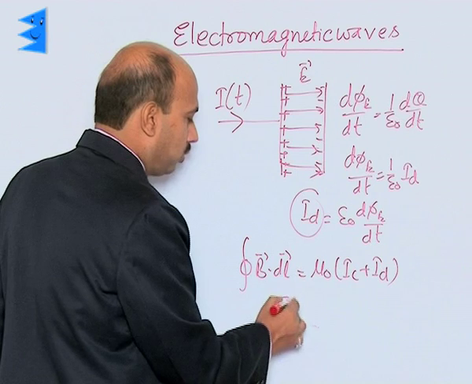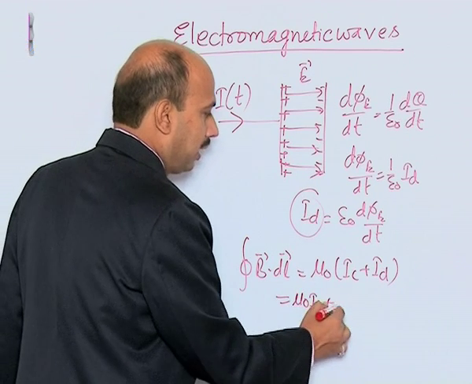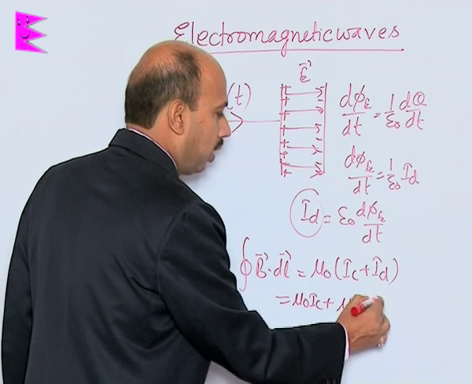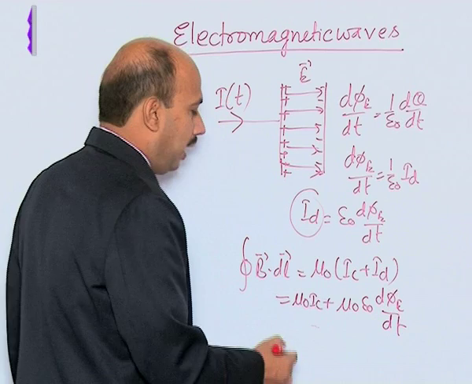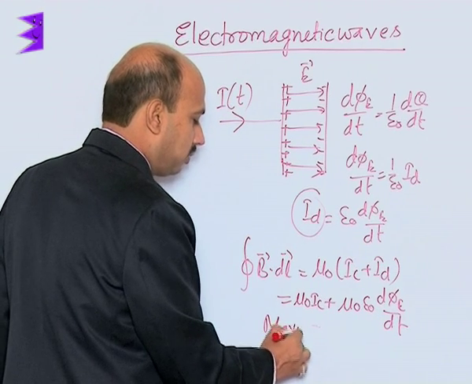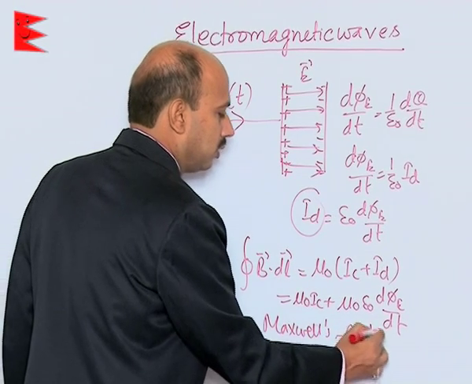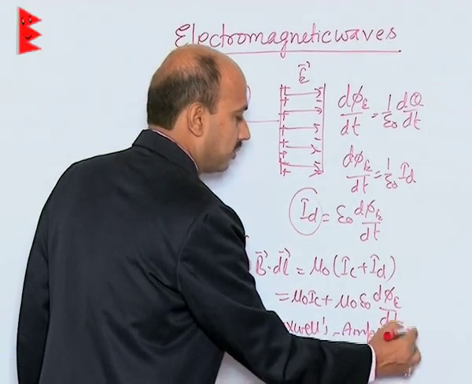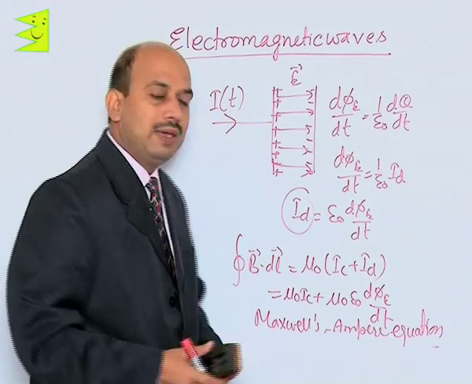This can also be written as mu naught IC plus mu naught epsilon naught d phi E upon dt, and this equation is known as the Maxwell-Ampere equation.